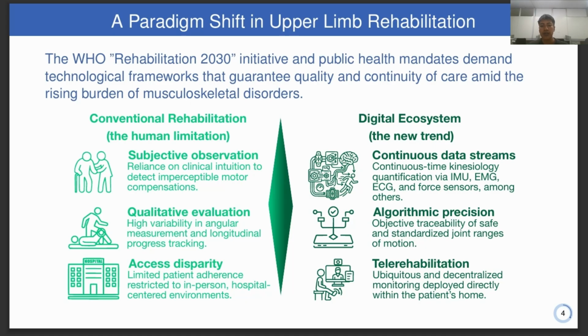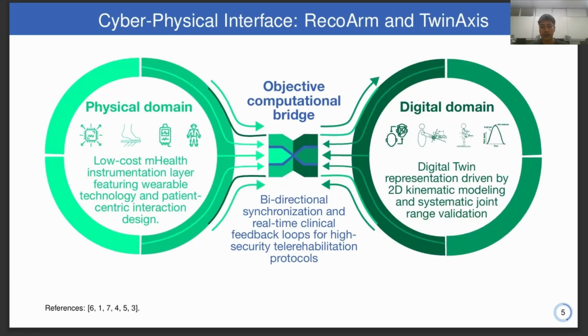With advanced algorithms, we achieve objective and accurate tracking of safe joint movements. Ultimately, this technology enables true decentralized telerehabilitation. We successfully move care directly to the patient's home, closing the gap between clinical goals and real patient recovery.